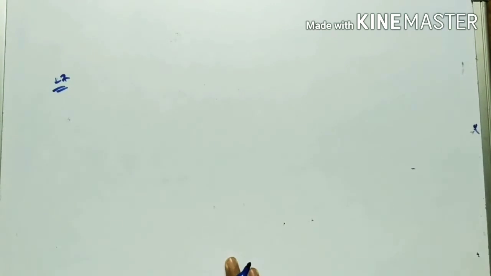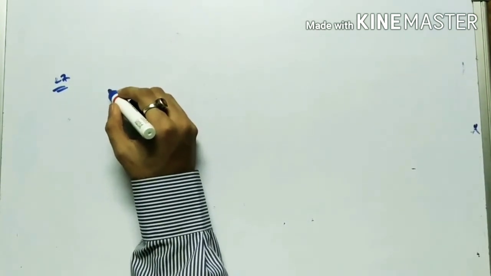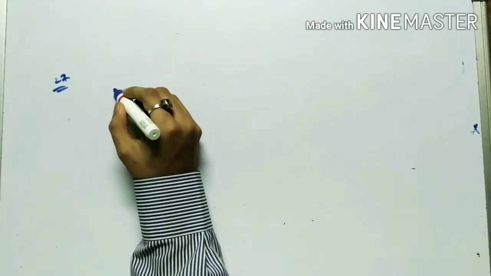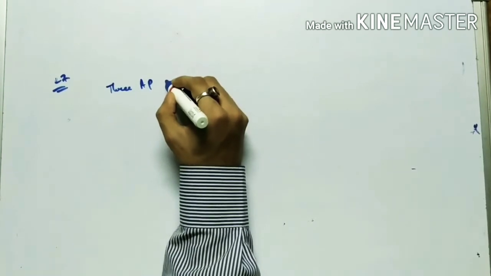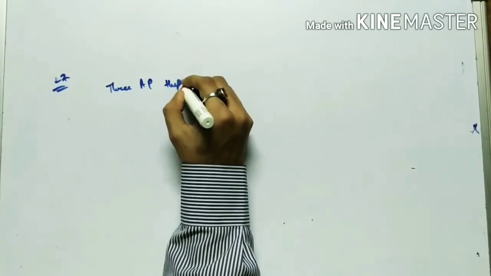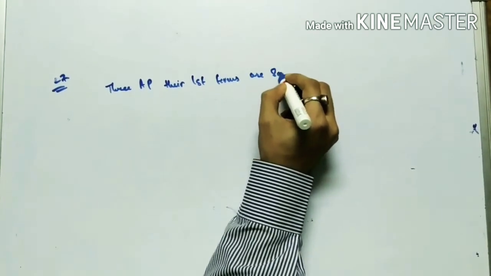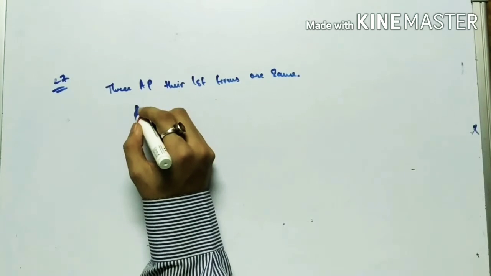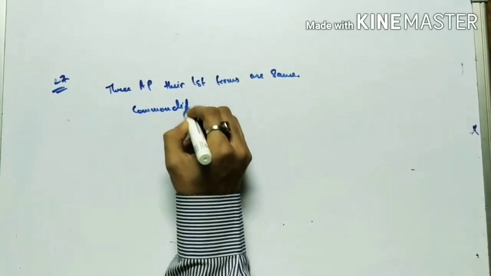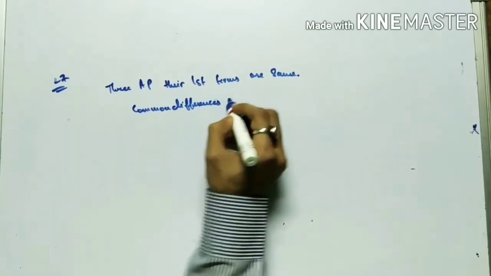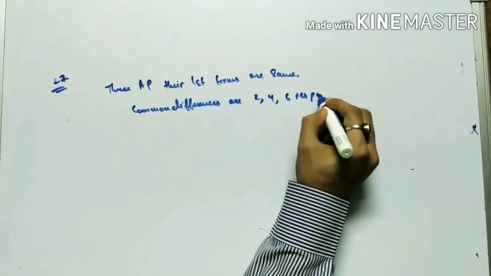So next, this is question number 27. In 3 arithmetic progressions, their first terms are the same, and their common differences are 2, 4, 6 respectively.